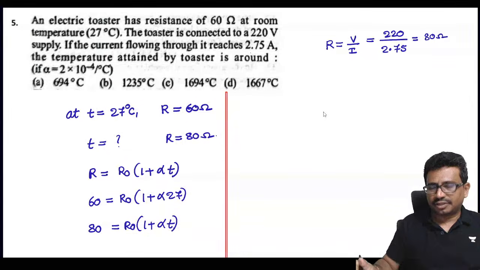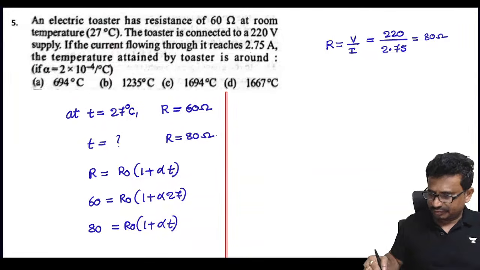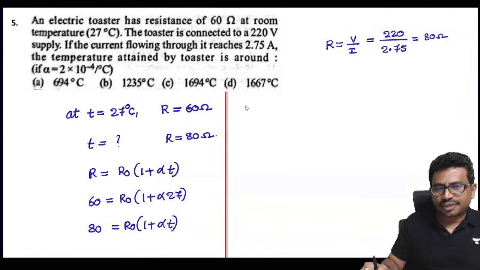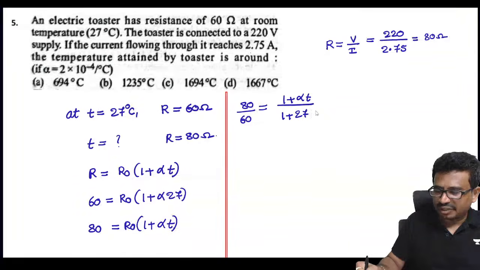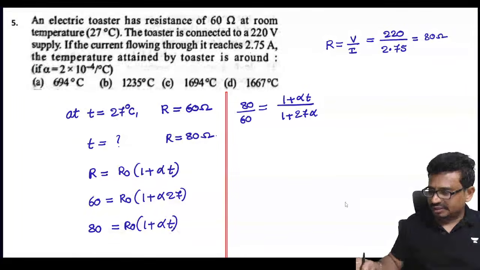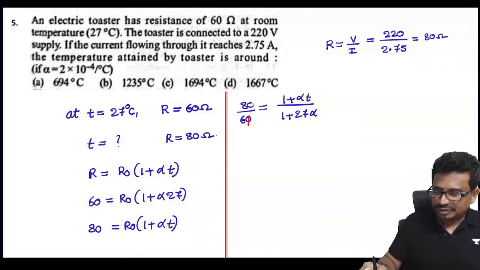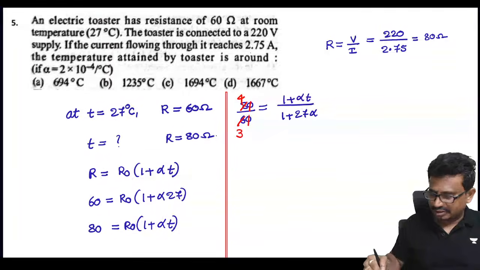Now if we take the ratio between these two, 80 by 60 is equal to 1 plus alpha T by 1 plus 27 alpha. Cancelling the zeros, this is 4s and this is 3s.